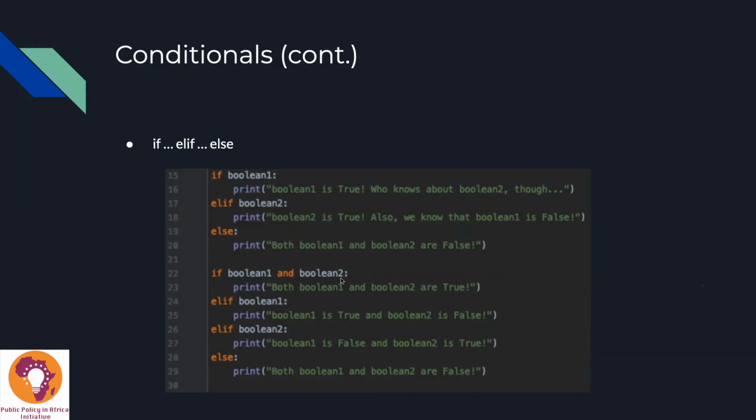Boolean 1 and Boolean 2, they have no meaning in and of themselves. It's all what is stored in that variable. And remember from last week that variables are what we use to store raw data, to store data basically in Python. So whatever is stored in Boolean 1 and Boolean 2 in all the examples that I'm doing here is just some value that evaluates to true or false, or are the raw values true or false.